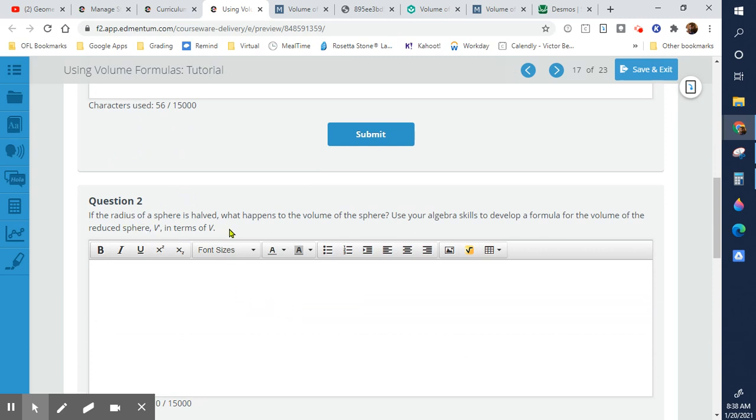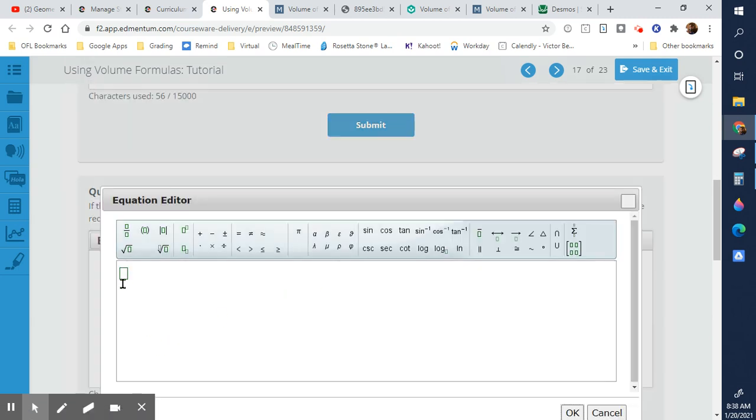If the radius of a sphere is cut in half, use your algebra skills to find the volume replaced with v prime. So in this case, we're going to cut our radius in half. So we have v prime is equal to, where's the formula?